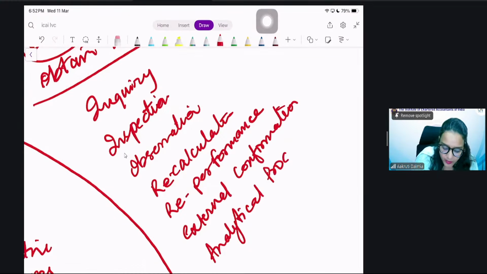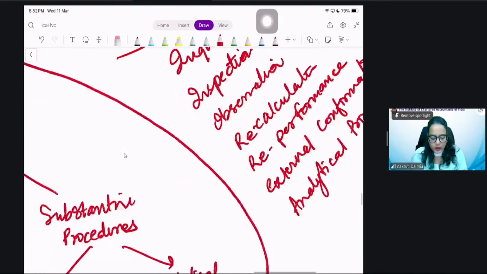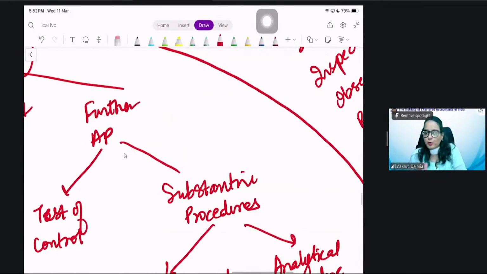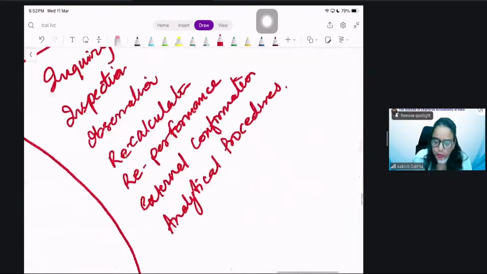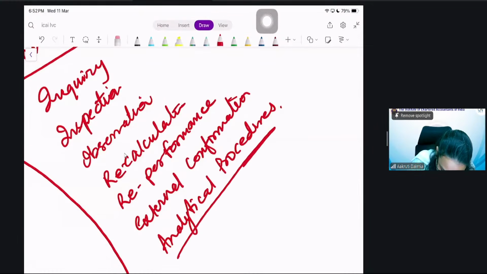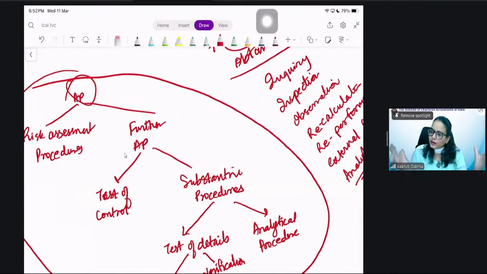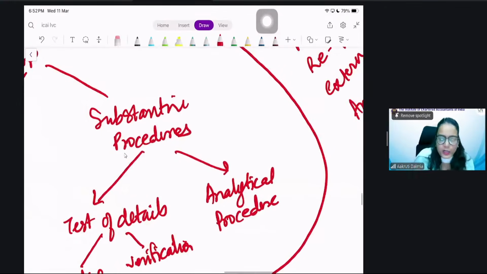So anything you do in audit, whether you do risk assessment, substantive procedure, or test of control, you use these 7 things, right? So analytical procedure is used as a general procedure also, and it is used as a substantive procedure also.